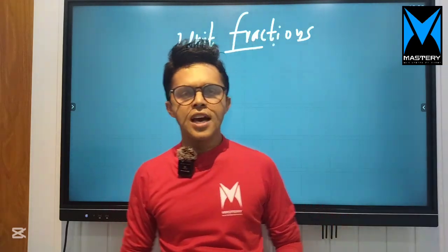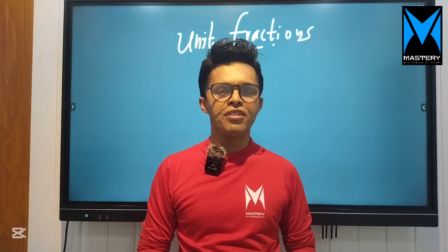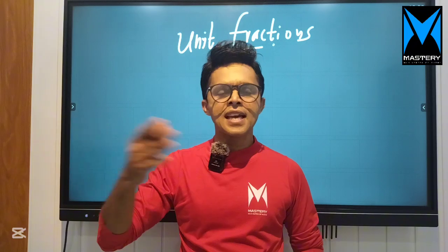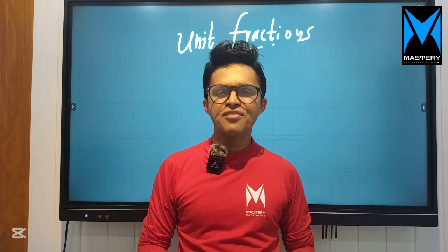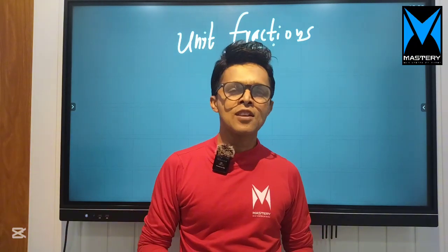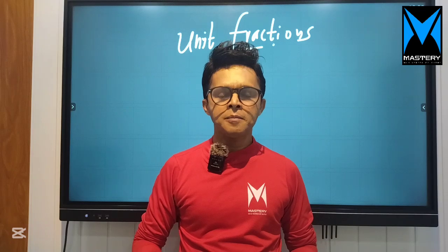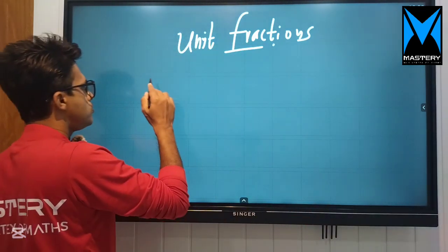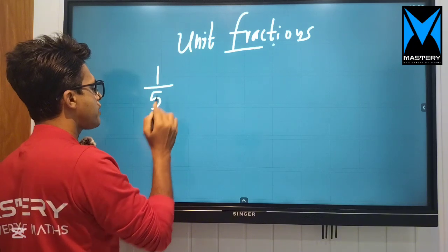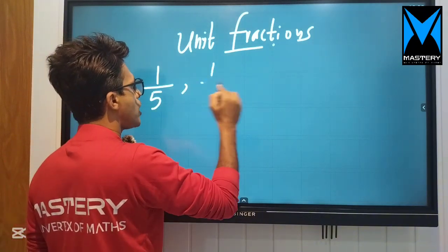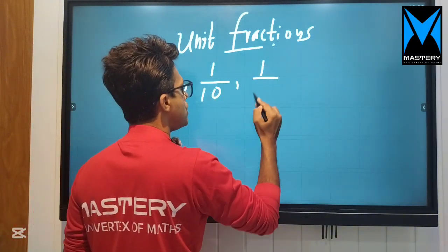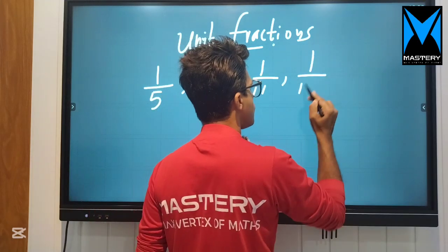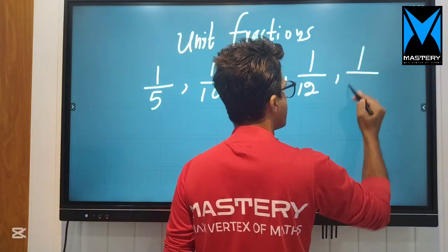Now that you can identify the denominator and numerator, think of fractions like 1 over 5, 1 over 10, 1 over 11, 1 over 12, 1 over 100.